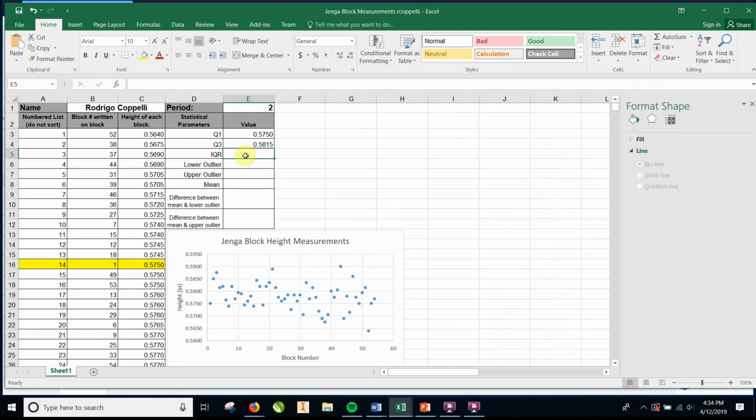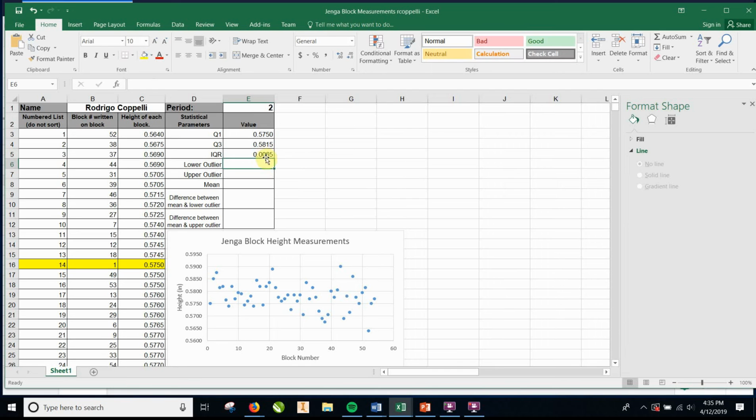That's why we are humans and we can use tools. We can have computers do this for us. Very easy. I'll show you how. We're going to do equals, subtract this cell, put a minus sign, that cell, enter, boom. That is our interquartile range.